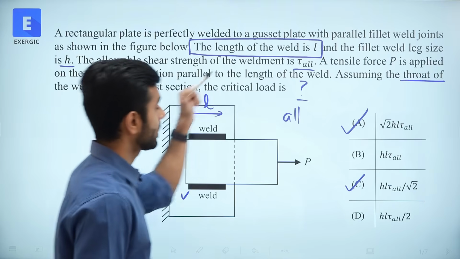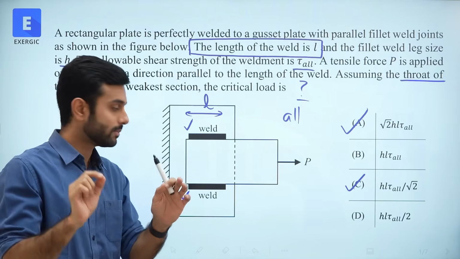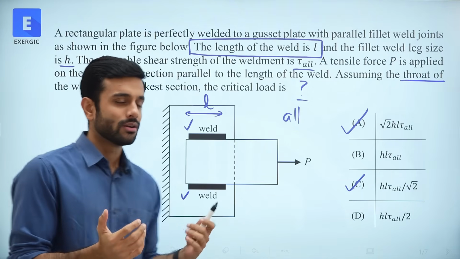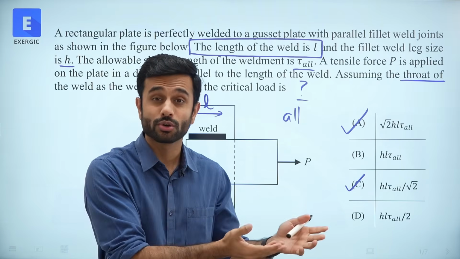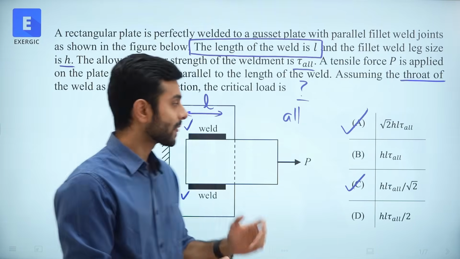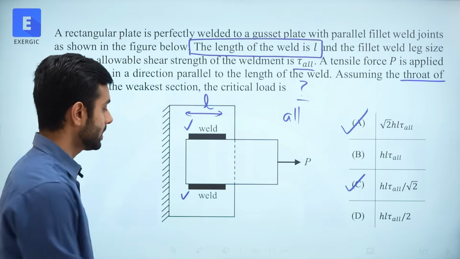So what exactly is going to happen here? Now, pay attention. What I am telling you is for those who are appearing in GATE for the first time, or who are going to appear in many other exams, or will be appearing in GATE in future.